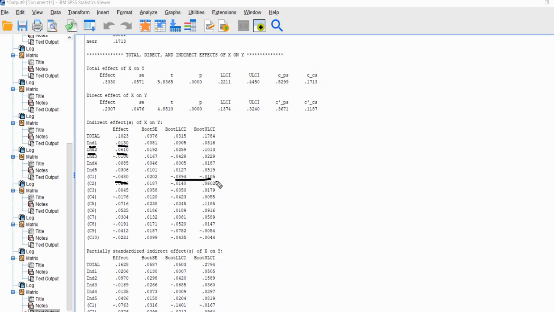So if 0 falls between the lower and the upper bound, we would not deem that difference as being statistically significant, whereas if 0 falls outside of the lower and the upper bound, then we would deem that comparison as significant in terms of the difference in those specific indirect effects. And so obviously in this case 0 does fall outside of the lower and the upper bound for that interval, so we would deem that difference to be statistically significant.